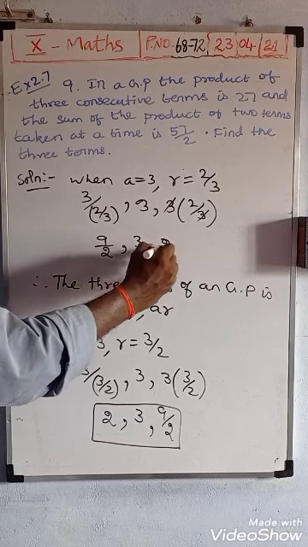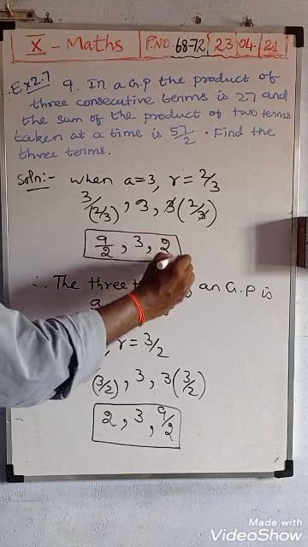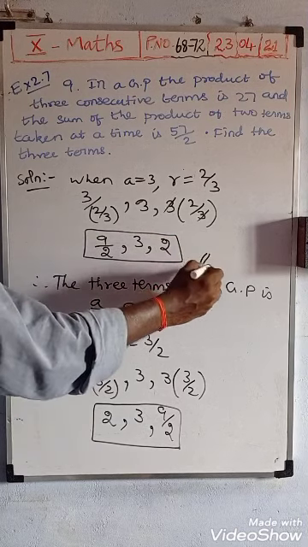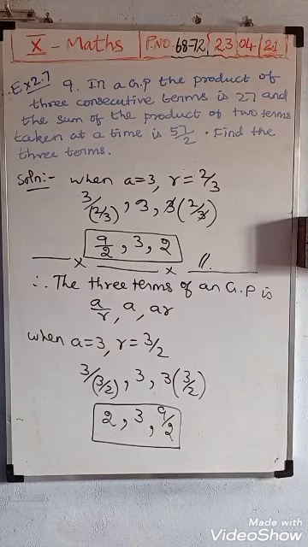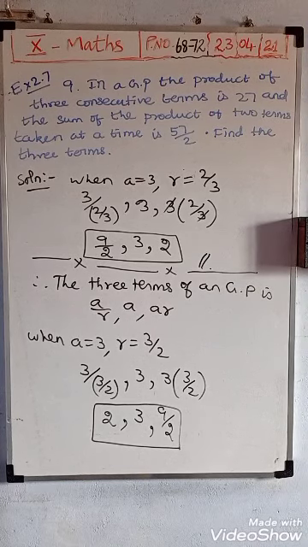Then 3, then 2. So in reverse order you will get. Therefore, according to the given question, we have received both answers. One is 2, 3, 9 by 2. One more is 9 by 2, 3, 2. This is the answer. That's it.